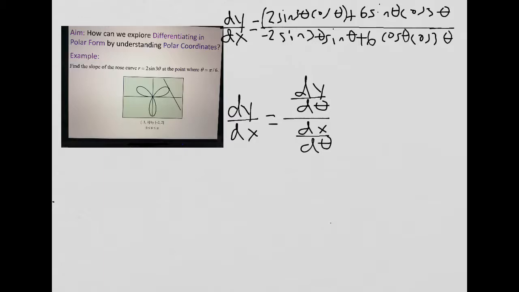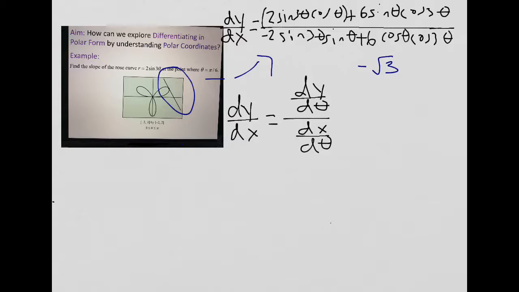Now, I know it didn't ask for the slope of the tangent line, but if you were to plug in pi over 6 into this expression, you're going to get an answer of negative radical 3. And if you look at that tangent line, now that makes sense. You got a negative slope there. It turns out to be negative radical 3.